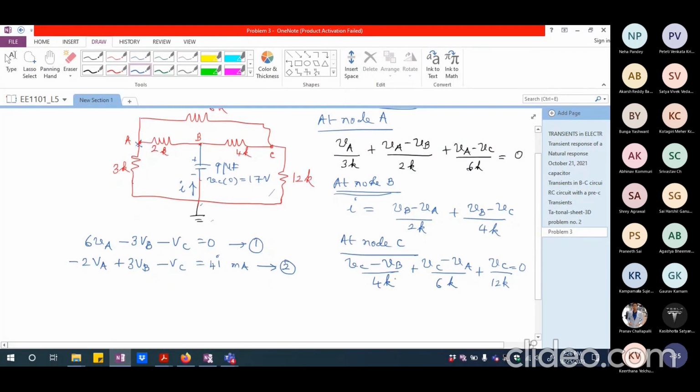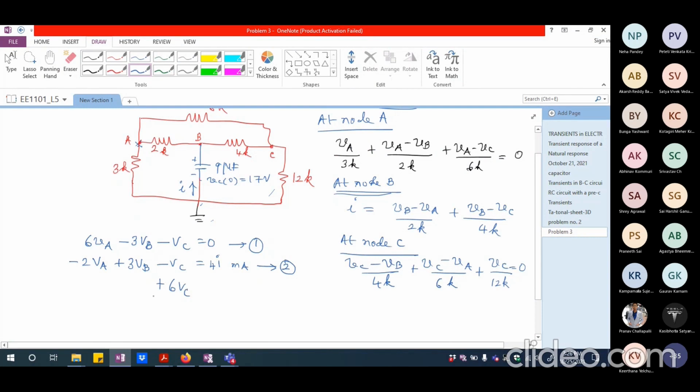Now we are going to have the other one. This one is 3 VC plus 2 VC, 5 VC, and 6 VC. So I'm going to have 6 VC. Anything else? VB has to be multiplied by 3. So 3 VB, fine.